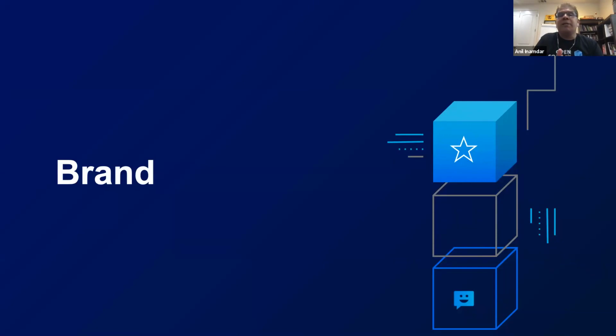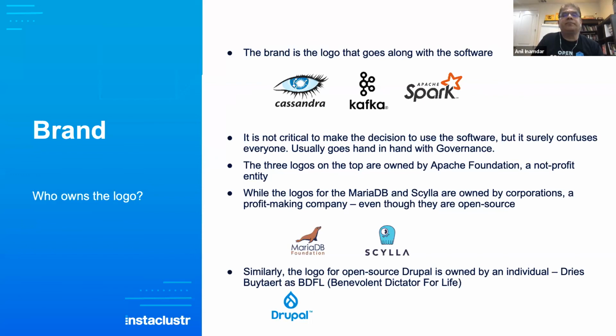Okay, so the next item is brand. Who owns the brand or the logo? The brand is the logo that goes along with the software. You might have seen this brand for Cassandra, Kafka, Spark. Now, it is not very critical in deciding which software to use, but it surely confuses everyone.